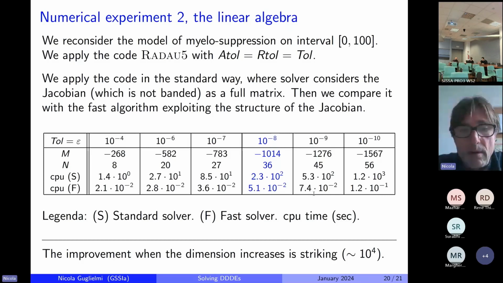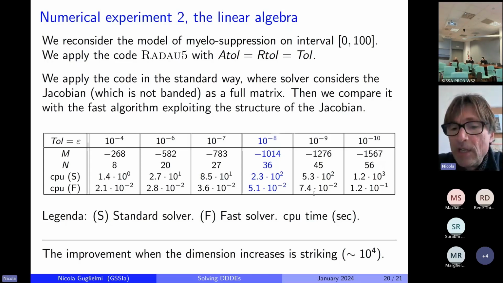And this is my last table. Look, for example, at the tolerance 10 to the minus 8. These are 3 ODEs, if you remember; this myelosuppression model is 3 ODEs. We add more than 1,000 ODEs, so the system is 1,000 by 1,000, more or less. This is the linear system that you have to solve many times.